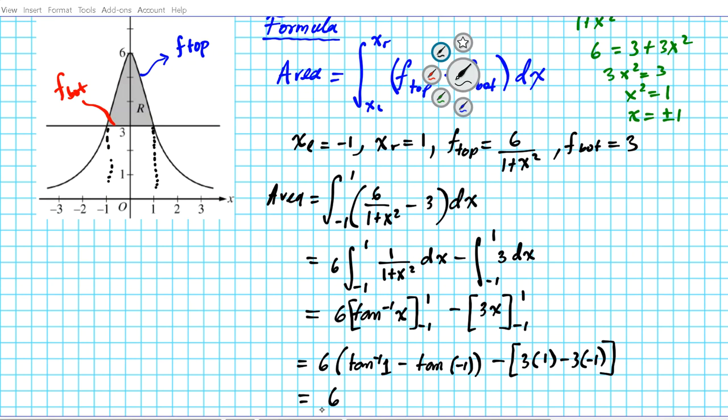Okay, so what is the inverse tan of 1 and the inverse tan of -1? We can use our unit circle for this. So let's do some work on the side. We want to find the arctan of 1 and arctan of -1. Let's just use the first quadrant to help us out here since it's positive. So we have our unit circle.